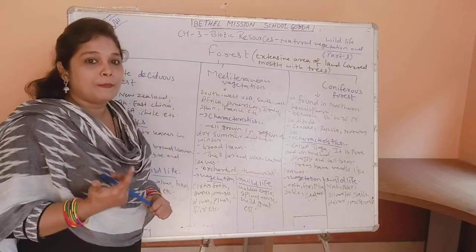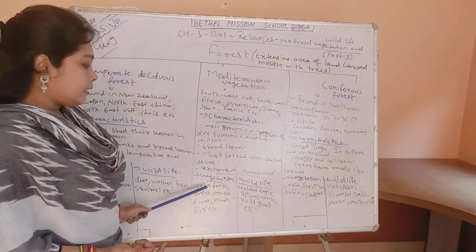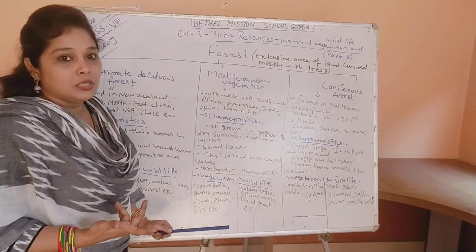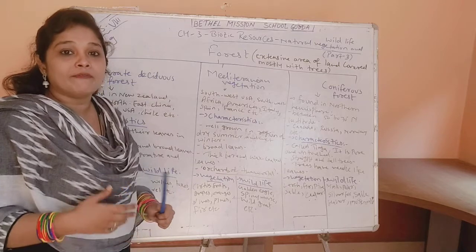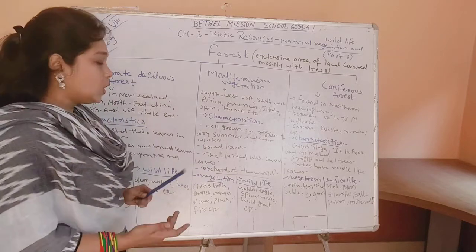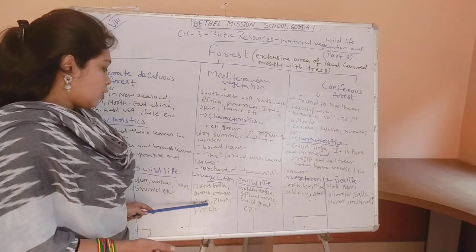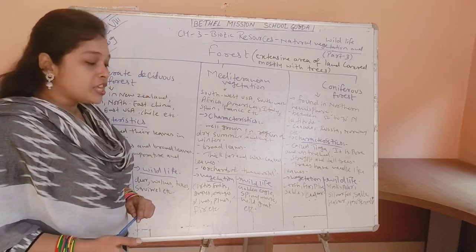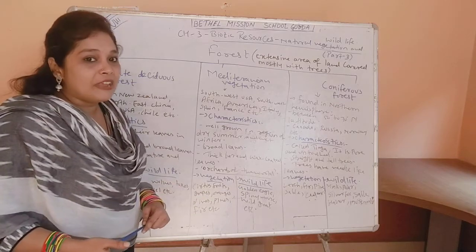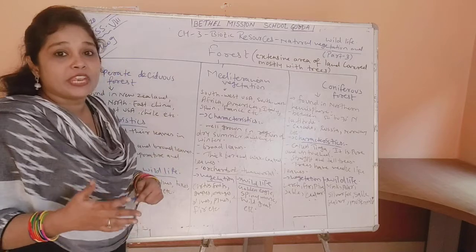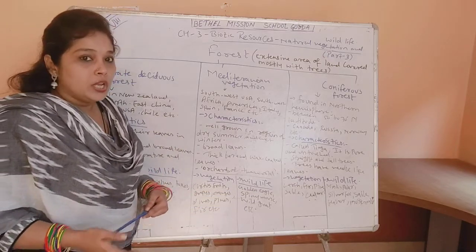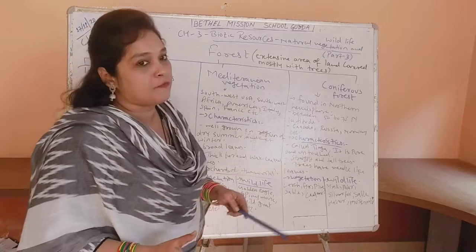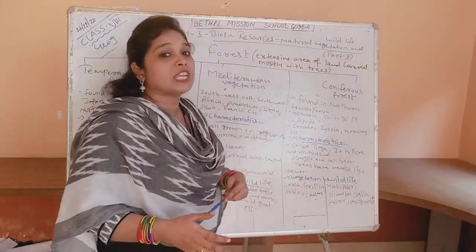Now, when we talk about the plants and animals, citrus fruits like grapes, oranges and watermelon you can find in that particular forest, and it also has olives, pine and fir trees. When we talk about the wildlife, this particular forest is very famous for golden eagle, spiny mouse and wild goat.